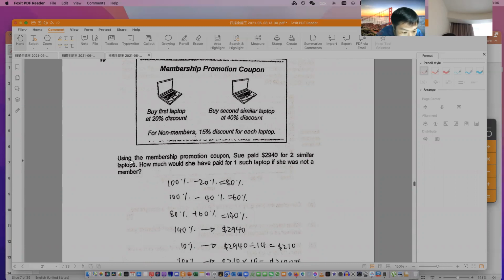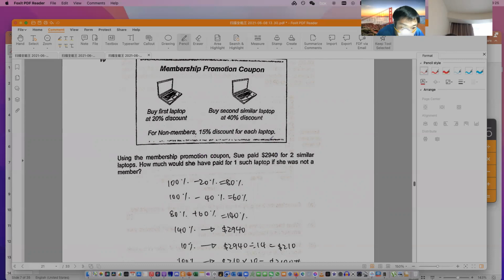Okay, good. So using the membership promotion coupon, Sue paid for 2 similar laptops. How much would she have paid for such a laptop if she was not a member?